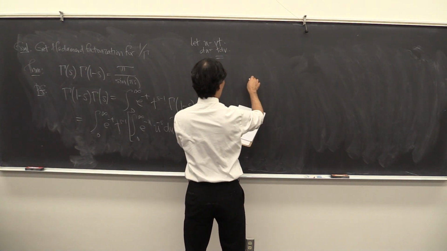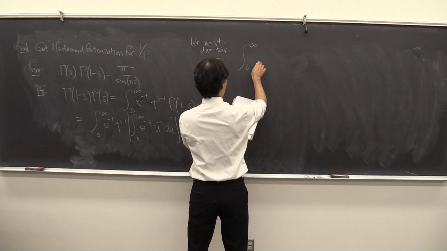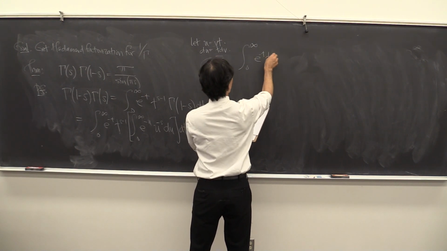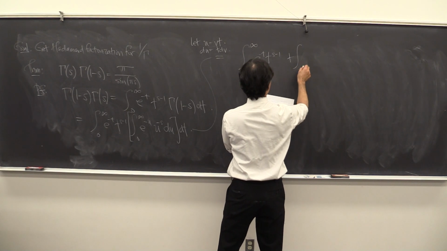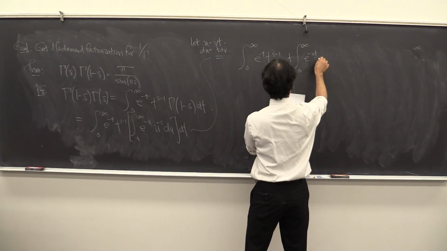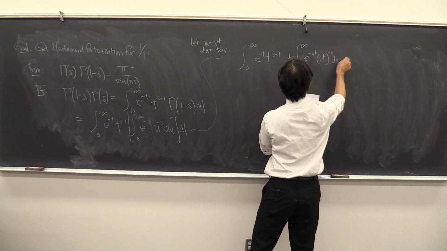And so we get the integral from 0 to infinity of t to the s minus 1, times the integral from 0 to infinity of e to the negative vt, (vt) to the minus s, dv dt.